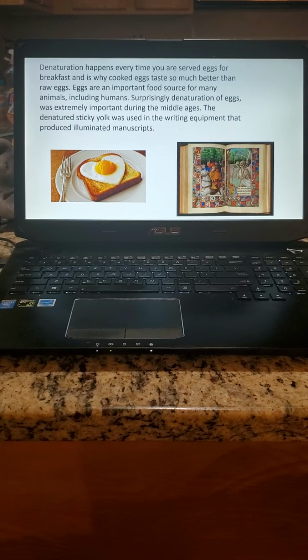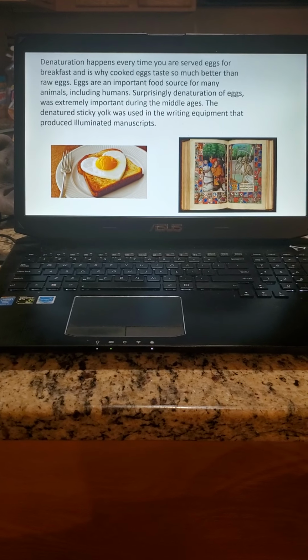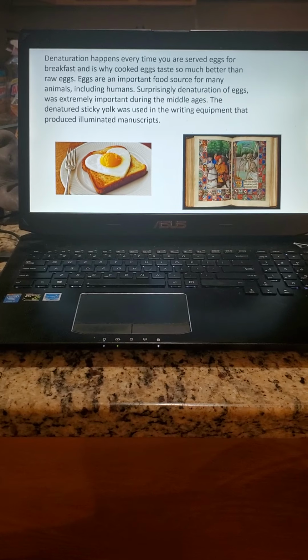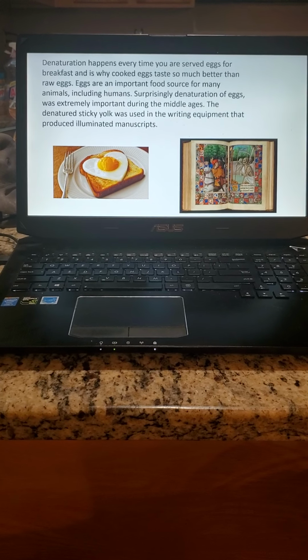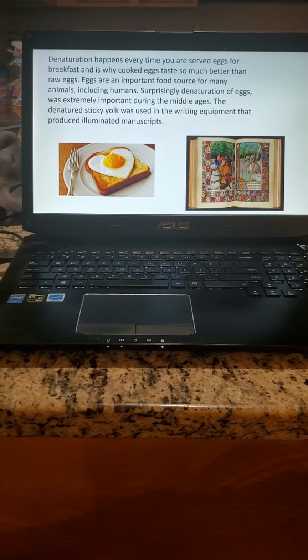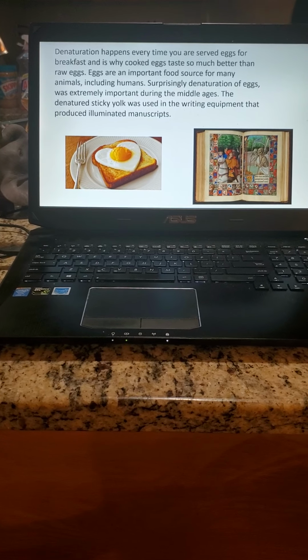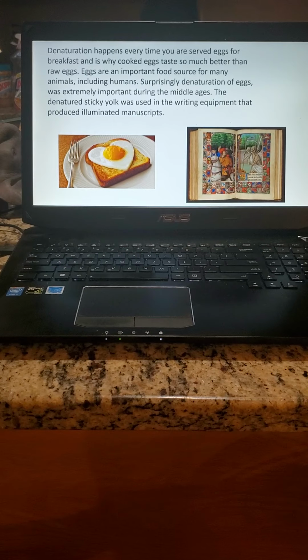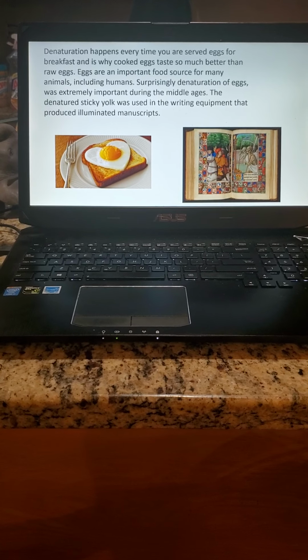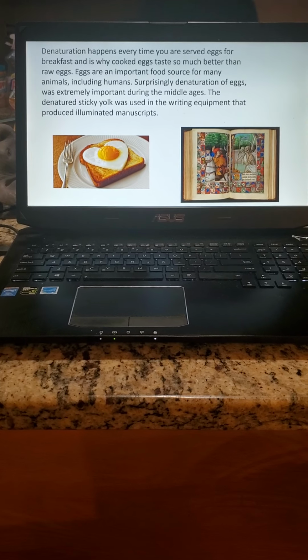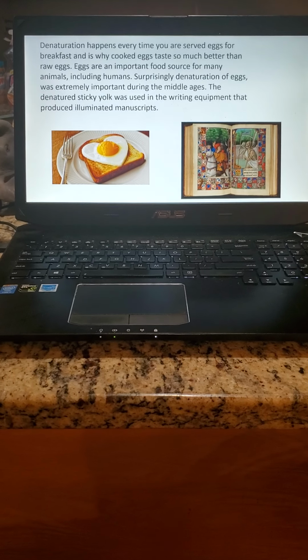So that's one thing. And another thing is that during the Middle Ages, the denaturation of these eggs also provided them with the ability to make the typical medieval book, which is called an illuminated manuscript.